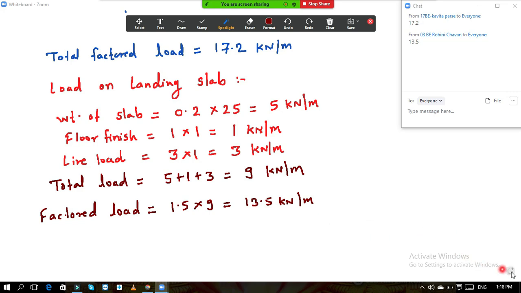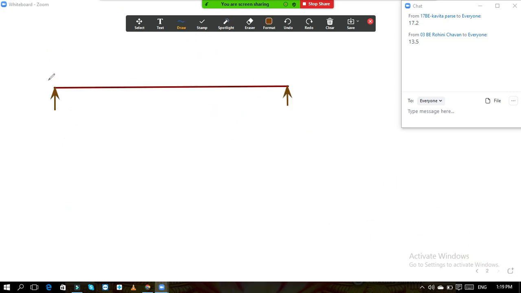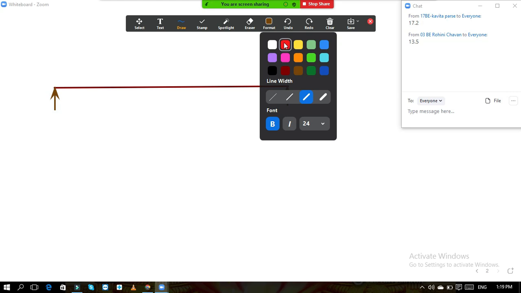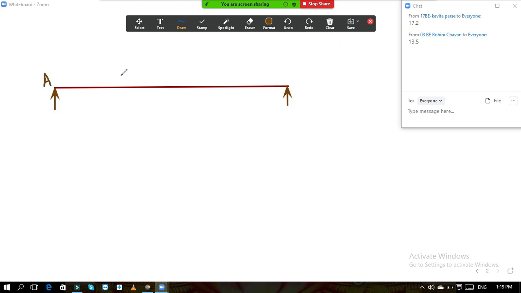So to calculate the bending moment, this is your point A. This is the point B. Now we need to find out the total length. So as we know, in dimensions it is 6.2 meter. So landing, we have provided landing of 1.4 meter. After that we have provided steps up to 2.7 meter.